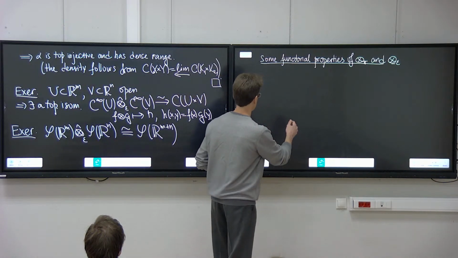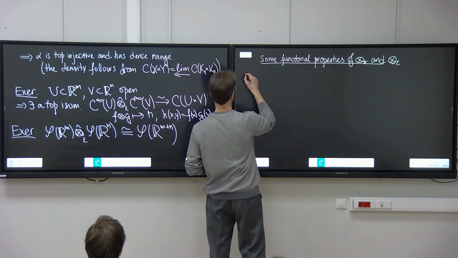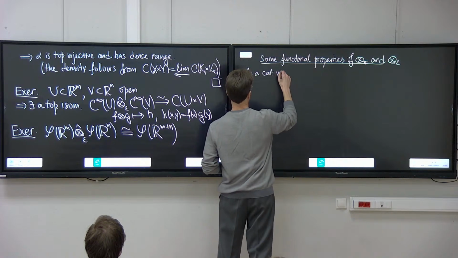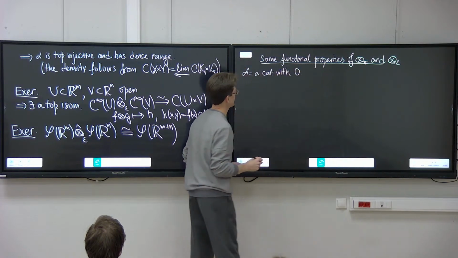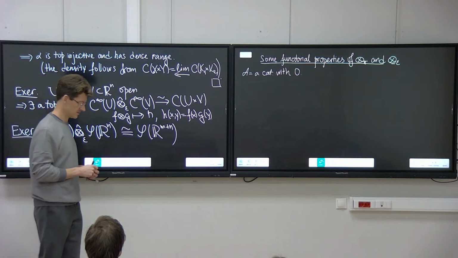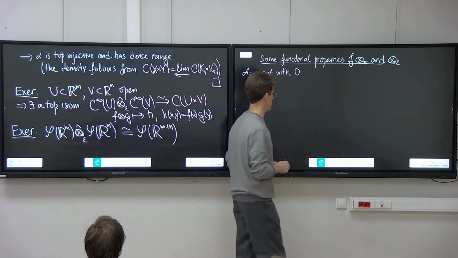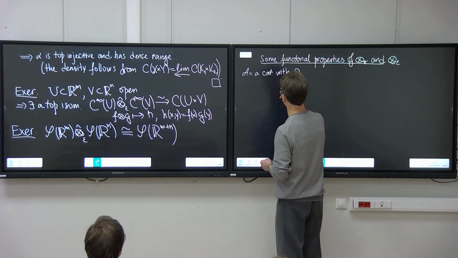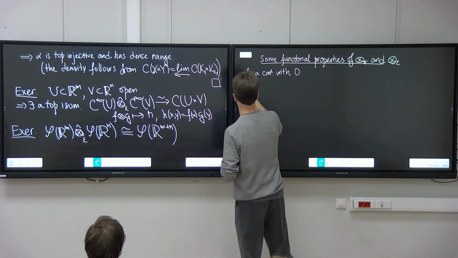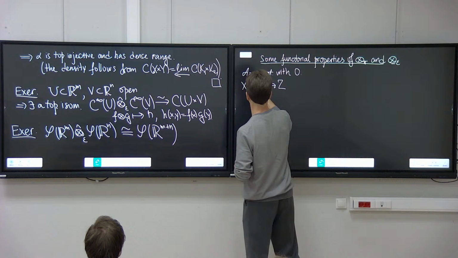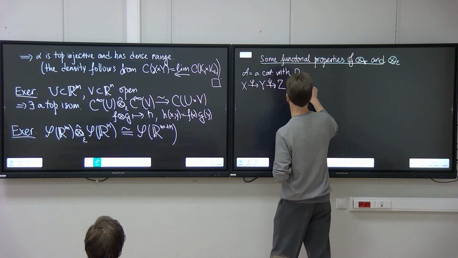So let's recall some category theoretic definitions. Suppose that A is a category with 0, that is, an object which is a terminal object and an initial object at the same time. Let's suppose we have a diagram of the following form in our category, such that psi phi is 0.